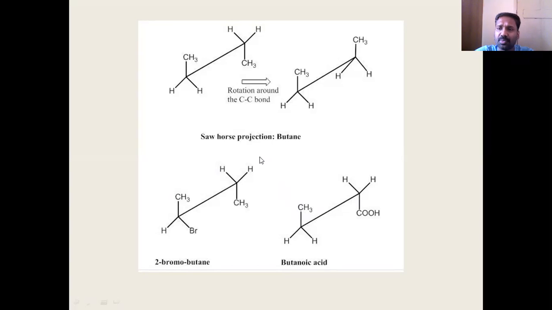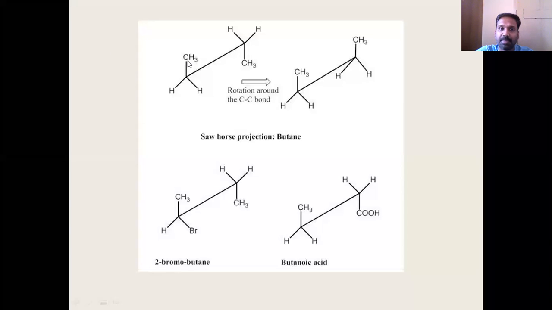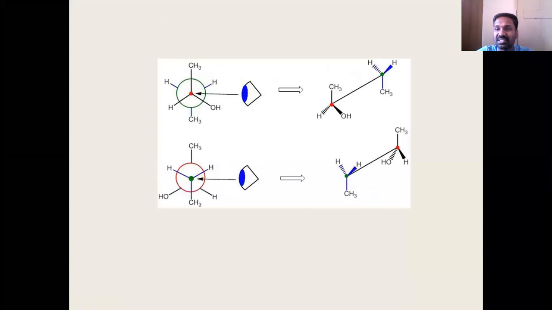Because you know staggered conformations are less energetic and more stable. So when you write the conformations of real molecules, either using Newman or Sawhorse, try to keep the carbon substituents, not the other substituents, in a staggered manner, not in an eclipsed manner, because that's the most stable conformation.